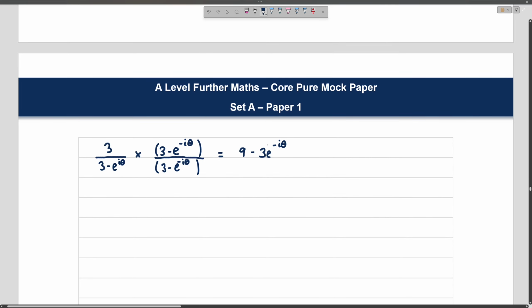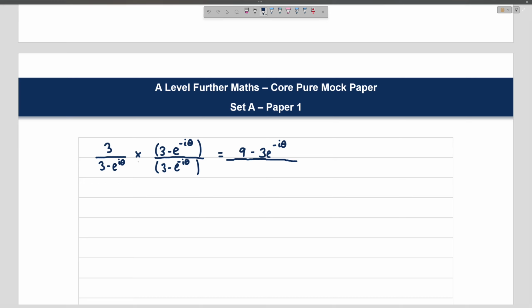Now for the denominator, it's a little bit more complex, but nothing too challenging. Just expanding these double brackets: 3 times 3 is 9. Then 3 times minus e to the minus I theta, so that's minus 3e to the minus I theta. Just be very, very careful here.